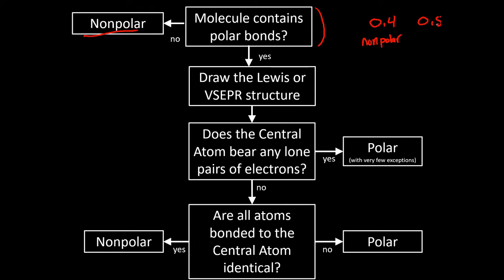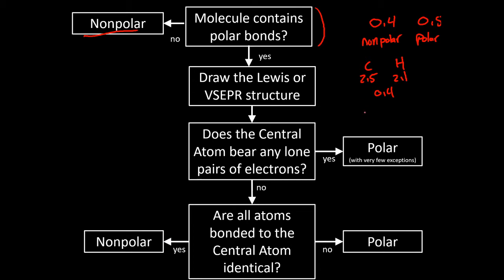If the difference is 0.5 or greater, that would be polar. So the 0.4, 0.5, that's the cutoff. 0.4 and below, again, that's the difference between the two atoms, would be nonpolar. Carbon, for example, is 2.5, hydrogen is 2.1. That is a difference of 0.4 between the two, and so that is a non-polar bond.